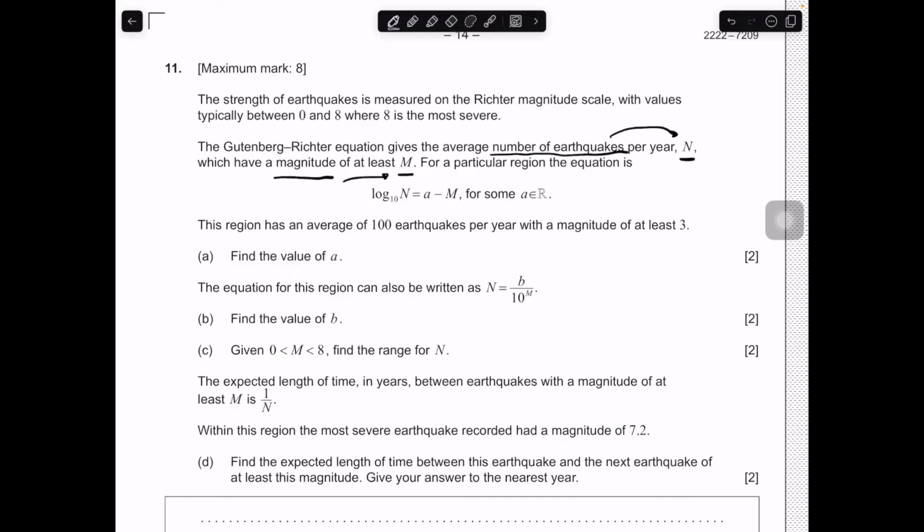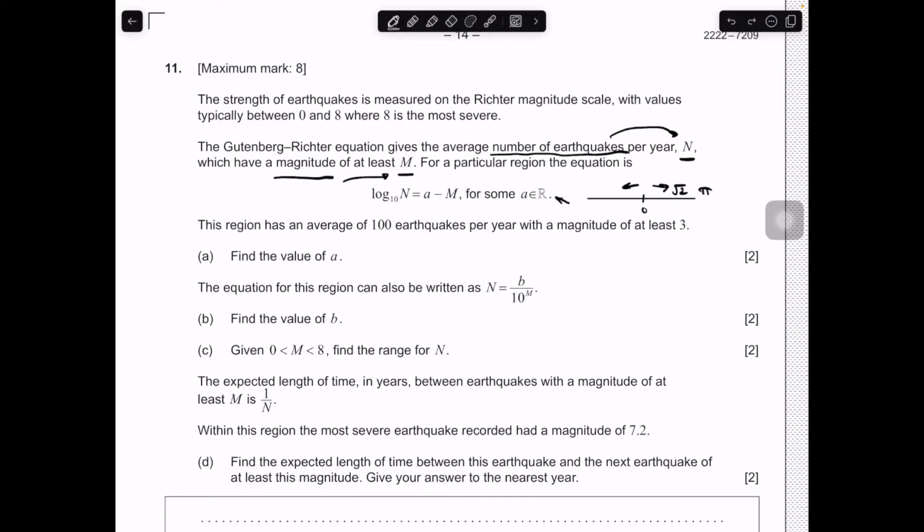For a particular region, the equation is log base 10 of n equals a minus m, for some a, where a is a real number. Essentially, a real number is anything that you could put on the number line. It could be root 2 or root 5, it could be pi, any value you want essentially.